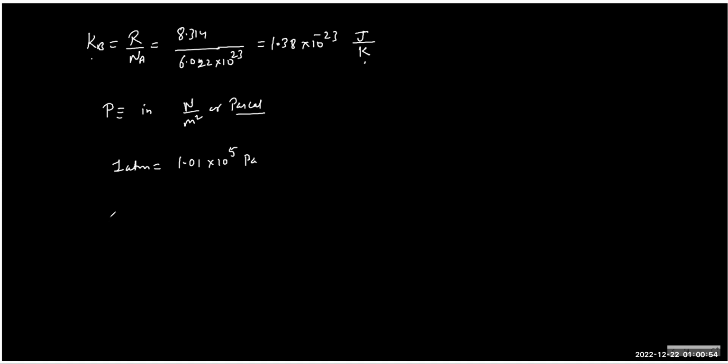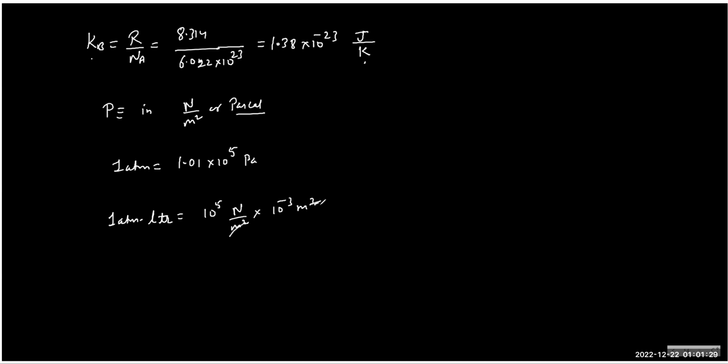Then what else you need to remember? What is 1 atm liter? Pressure into volume is always energy, right? You are supposed to remember this answer. 1 atm is roughly 10 power 5 Newton per meter square. And how to express liter in meter cube? 10 power minus 3 meter cube.